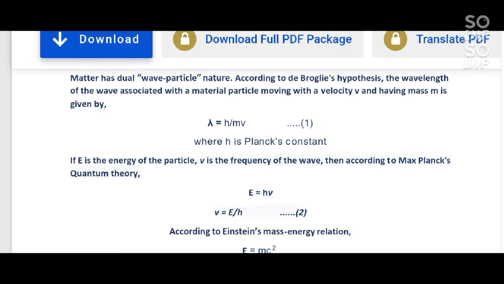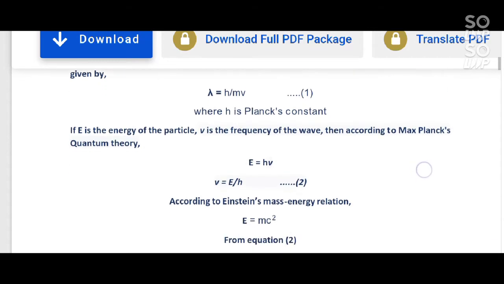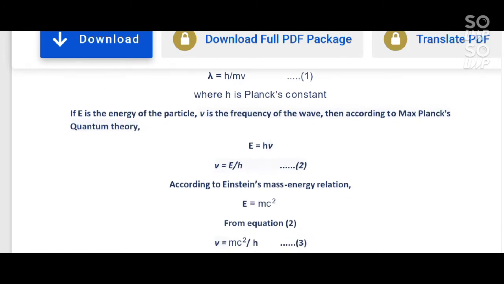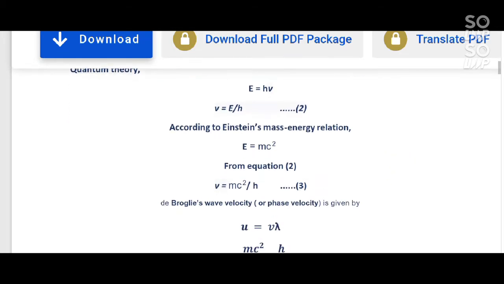According to Einstein's mass energy relation, we know that E is equal to mc square, where c is the velocity of light. If we put this value of E is equal to mc square in equation 2, we will get nu is equal to mc square by h, and this is equation 3.